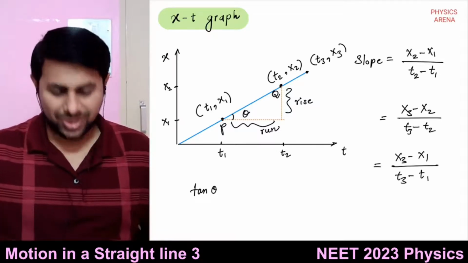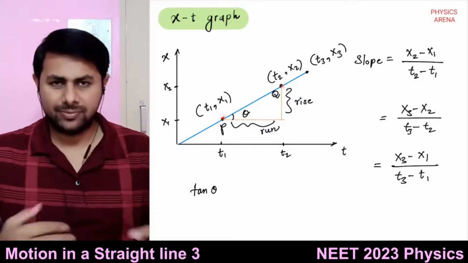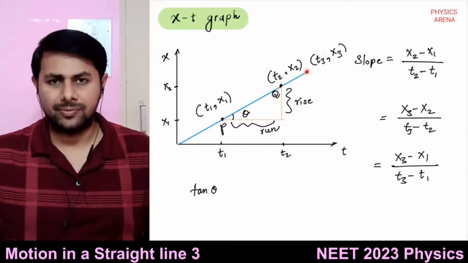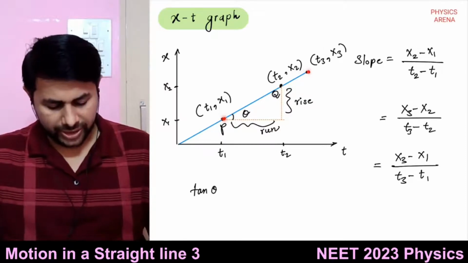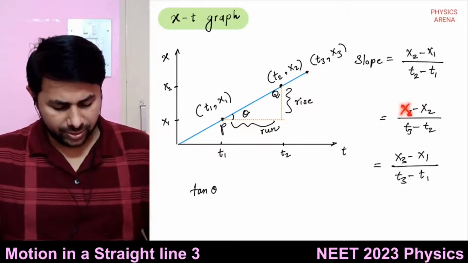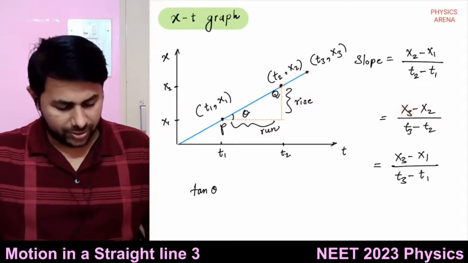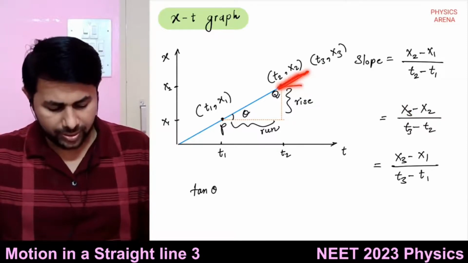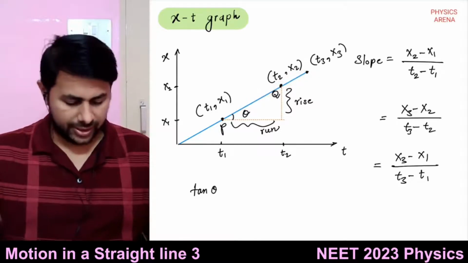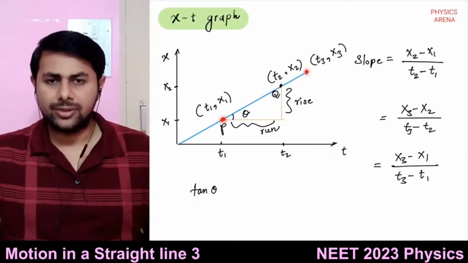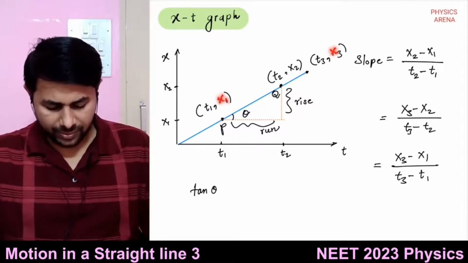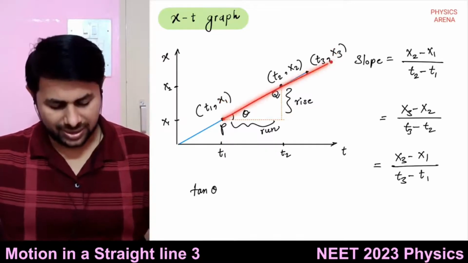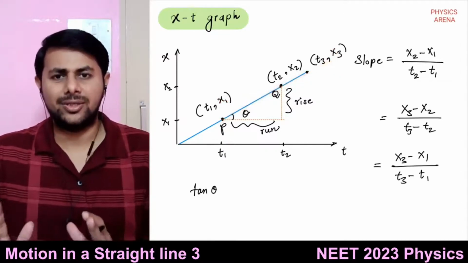You can pick this point and this point: x3 minus x2 divided by t3 minus t2 gives the slope. You can equally pick this point and this point: x3 minus x1 divided by t3 minus t1 gives the slope of this line. So this is how we find the slope of a line.